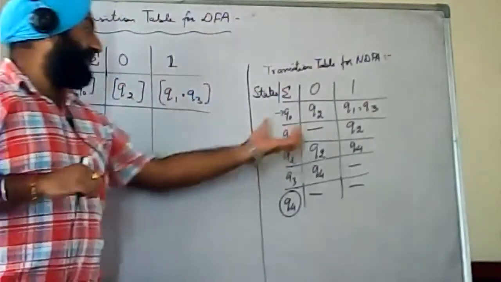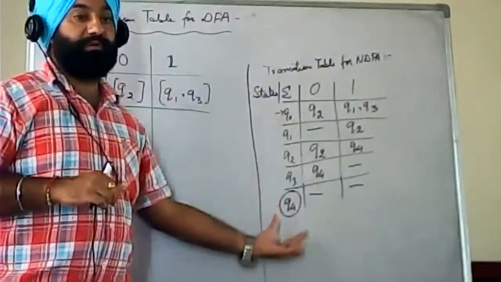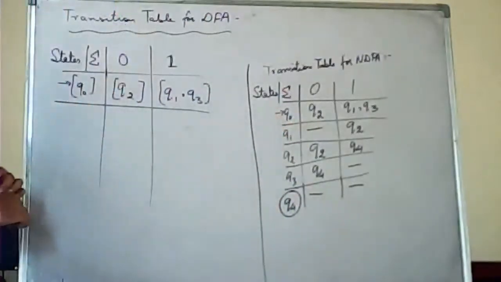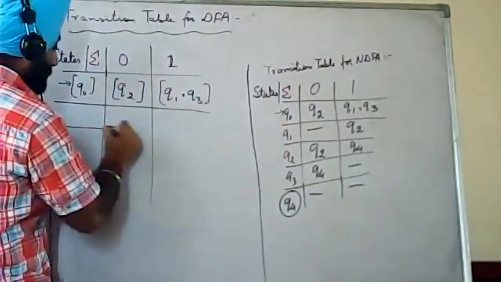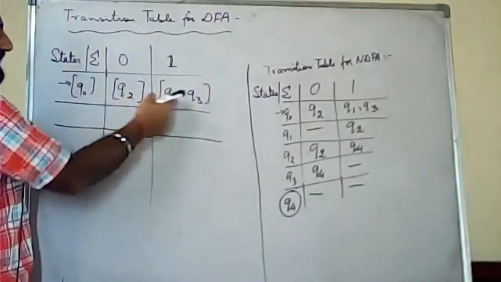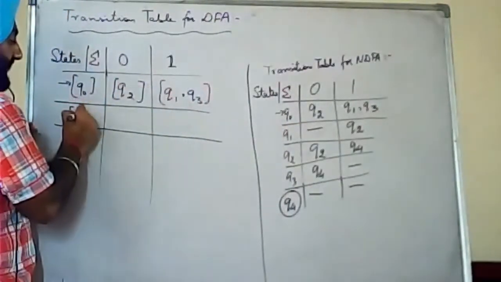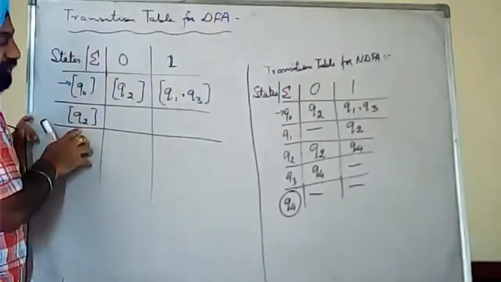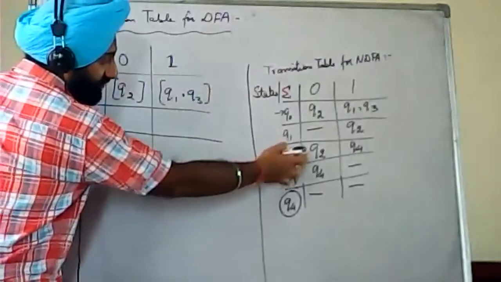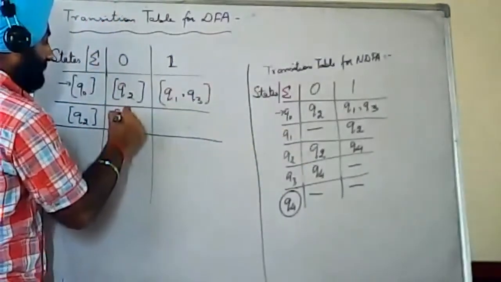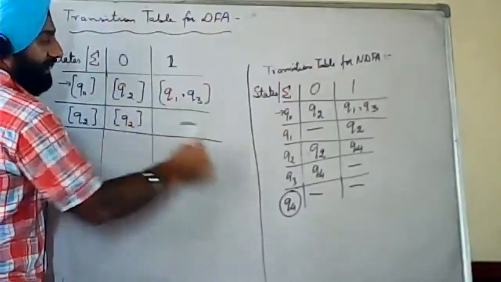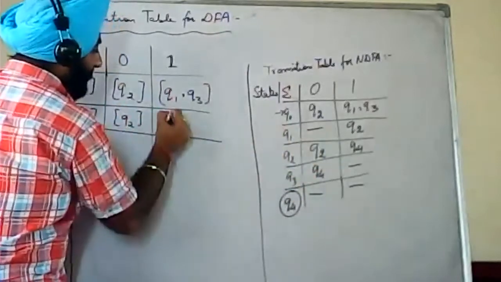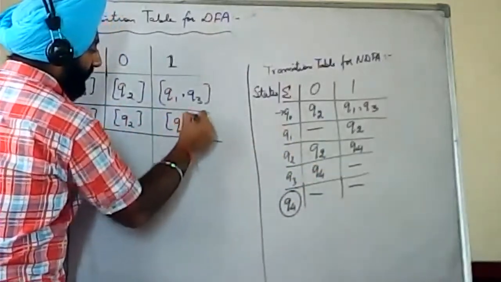Forget about these states, right? So the second state will be out of these two states. So let me write Q2 first. Q2 upon the processing of 0 is going to Q2, and upon the processing of 1 it is going to Q4.